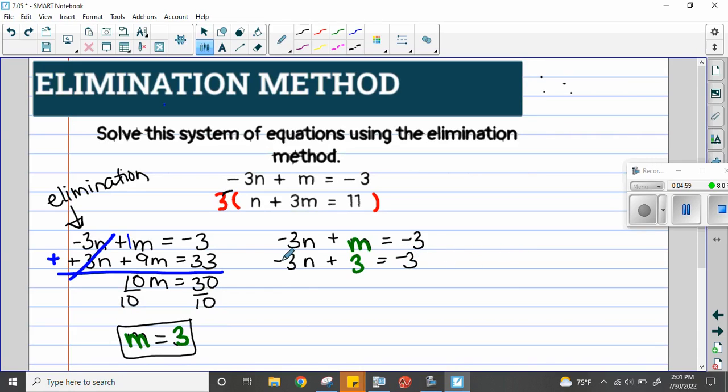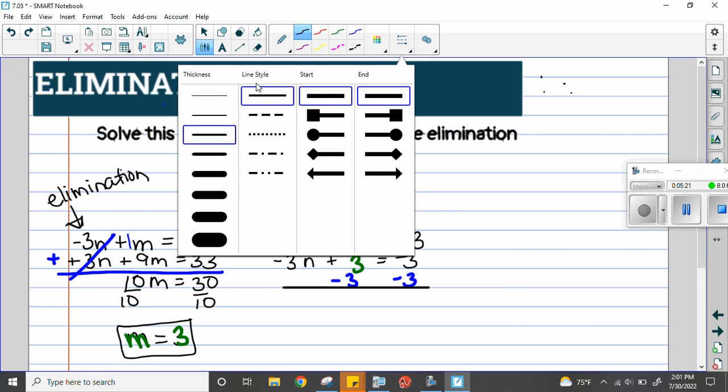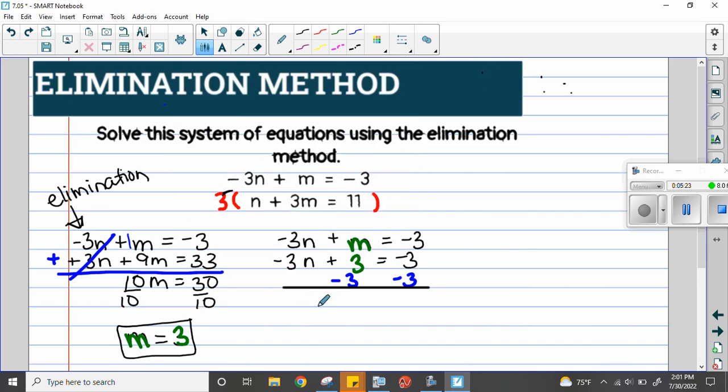And again, this is a very easy to solve equation. It's a two-step equation. How do we solve it? We're going to subtract 3 from both sides. This leaves us with negative 3n equals negative 6.